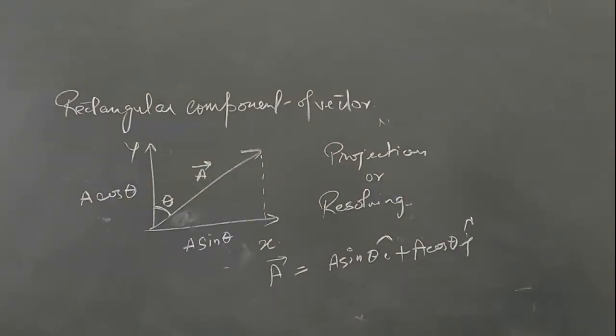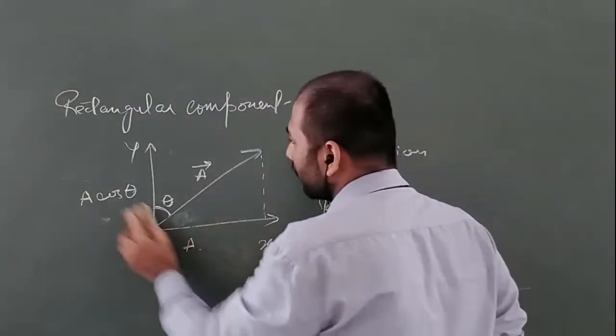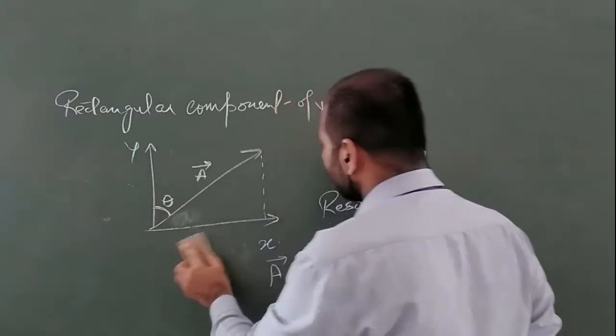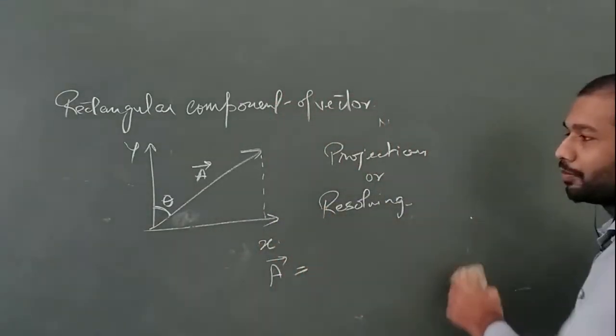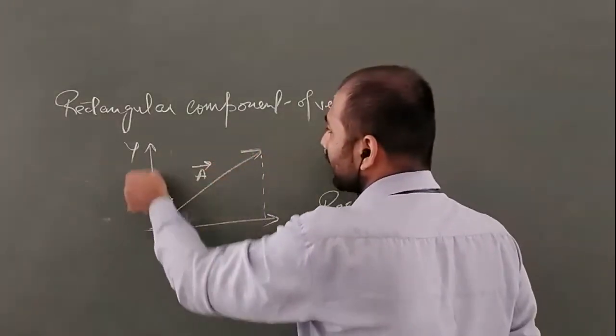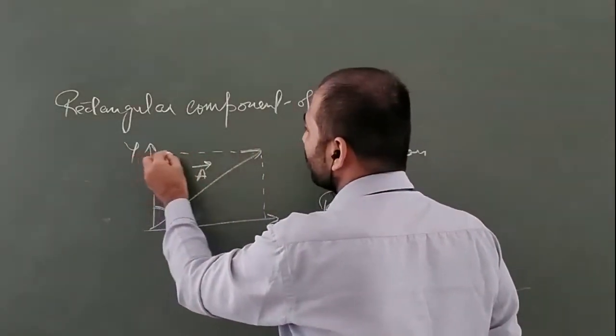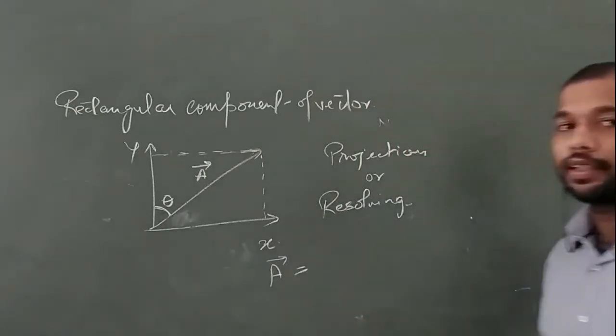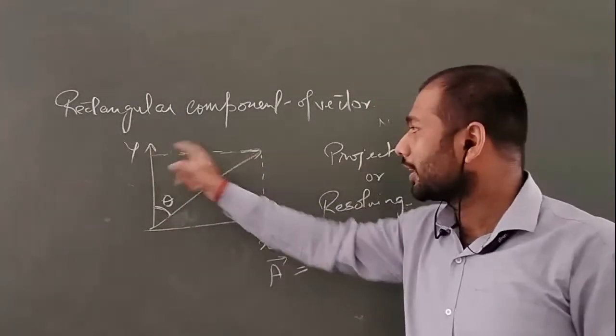Alright. Now if you ask how to remember this, if you forgot the formula, if you forgot this method, then always remember, if this is the vector and these are the axes, you can make a triangle over it. Now you can see this is a right angle triangle.